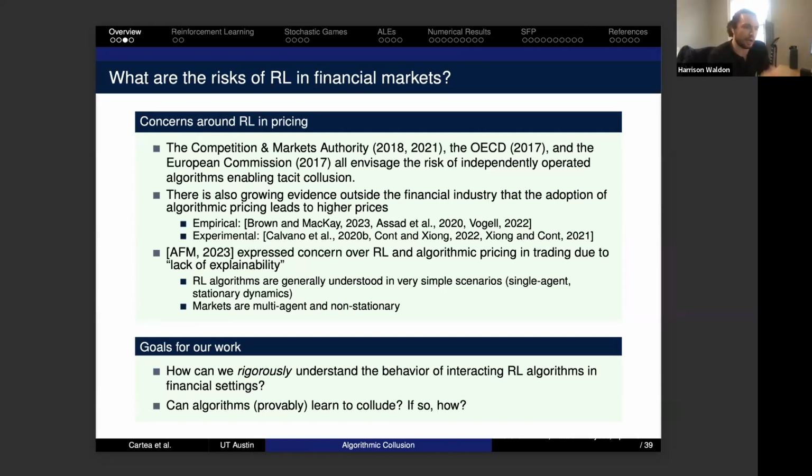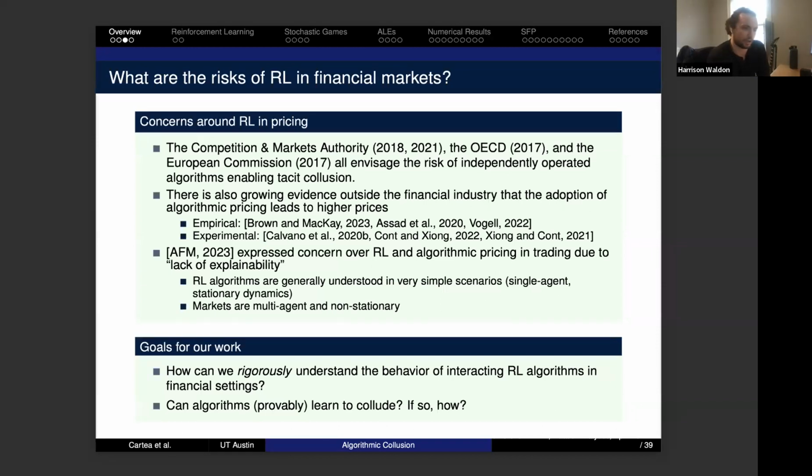This has been noted outside the financial industry, like in this paper by Assad and co-authors, which looks at the retail gasoline market. There is also a wealth of experimental evidence which demonstrates that certain reinforcement learning algorithms in certain scenarios can learn complex collusive strategies.